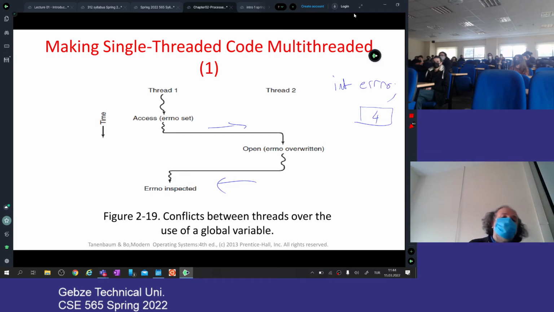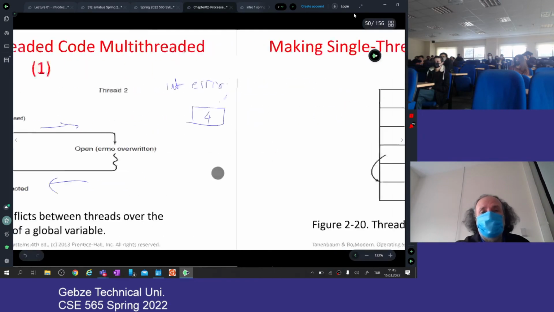One thread is writing to this global variable, the other one is reading it. That's called interprocess communication, and it has to be done in a very, very careful way. And if this is not the intended way of communicating between the threads, then that's called a race condition, and that's not a good thing.